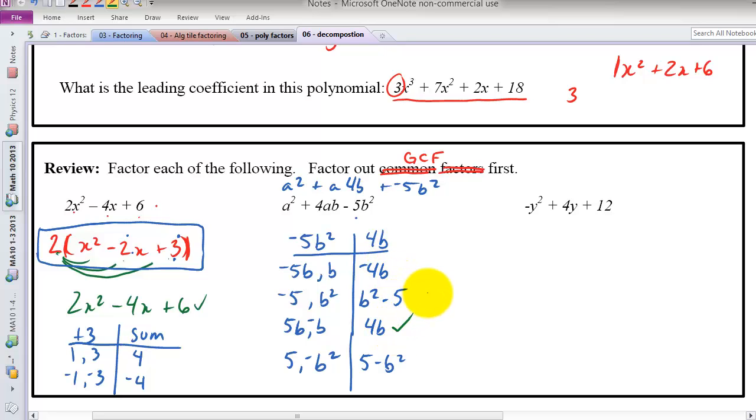If you take a 5b and a negative b, you multiply them together, you get negative 5b squared. You add them together, you get 4b. So when you factor this polynomial, you get a plus 5. Oops, no, that's not correct. That's the wrong one. a plus 5b times a minus b.